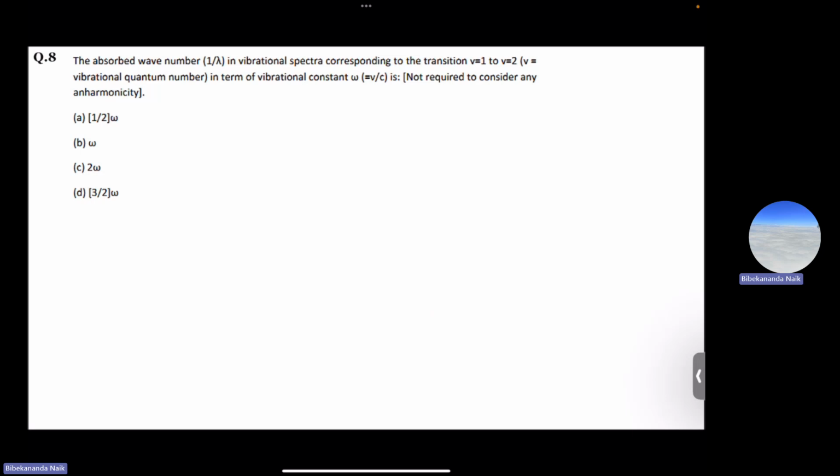So if we see here, we know the vibrational level is given by V plus half h nu, or h cross omega.